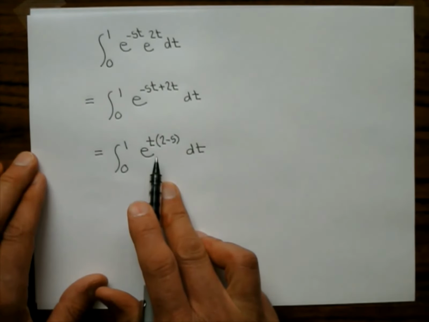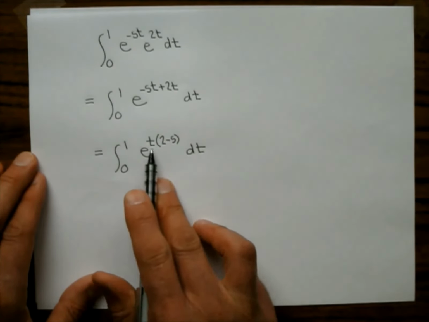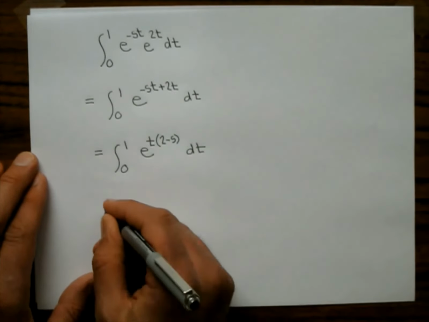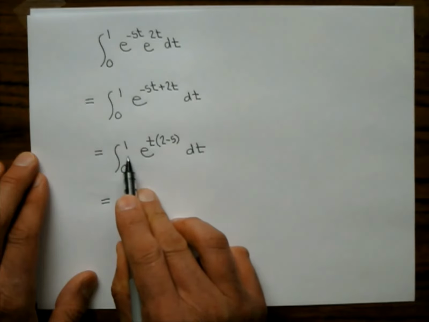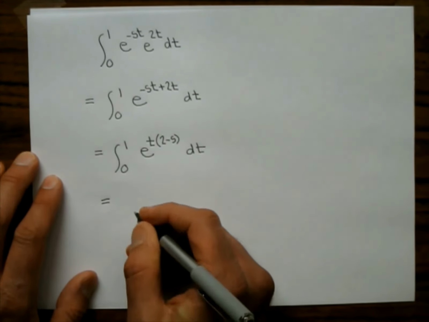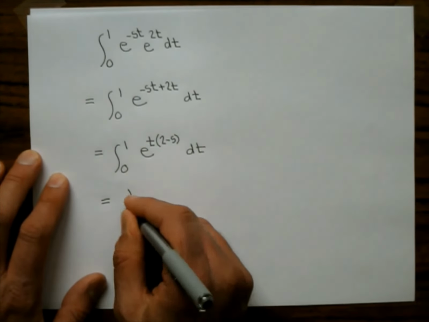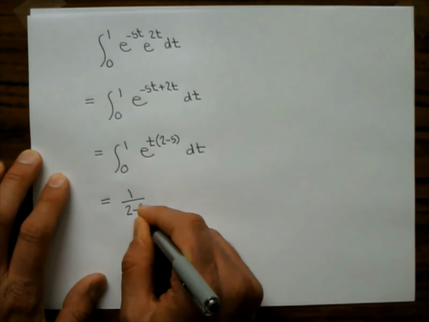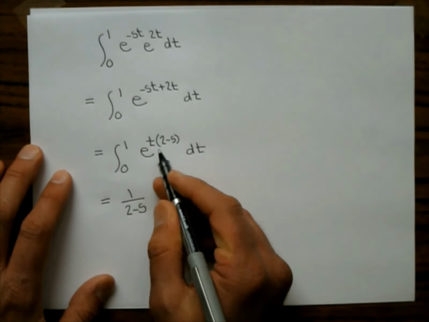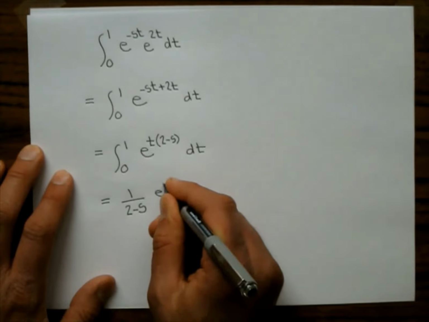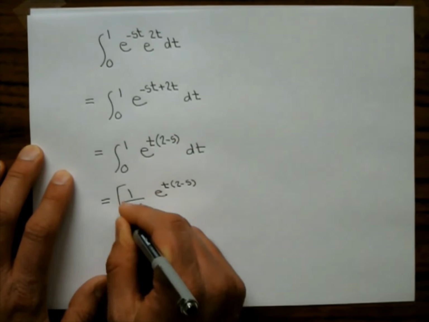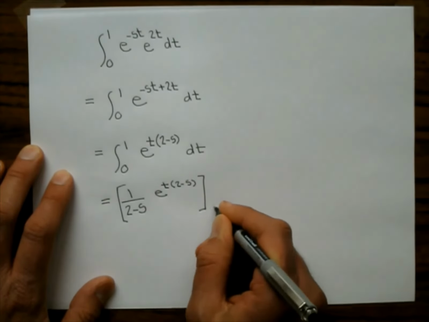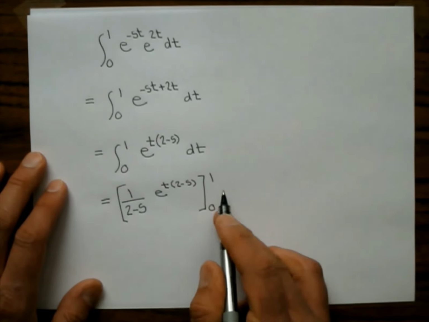I can do a u substitution, let u equal the whole exponent. I'm just going to eyeball this. I need a 2 minus s, which is a constant, right in front of that, so that it can disappear. So out front, I need a 1 over 2 minus s, and then the integral of e to something is e to something. And I'm evaluating from 0 to 1.